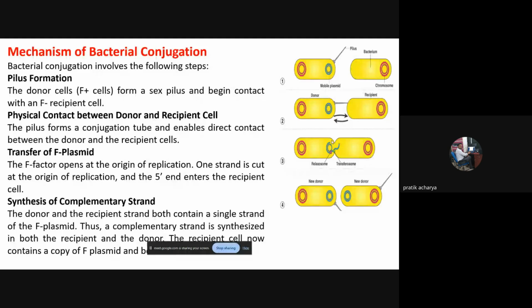Same means they have the fertility factor in both cases. Both bacteria become F plus cells and can conjugate with other F minus cells.